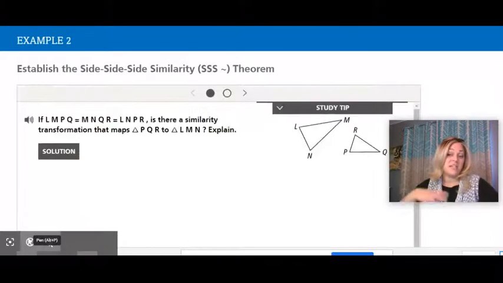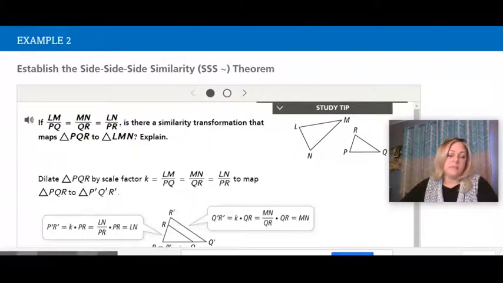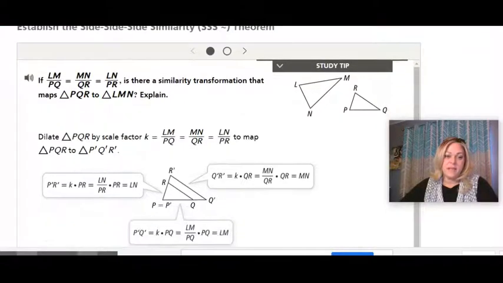Now we're going to talk not just about angle-angle similarity, but side-side similarity. Example 2: if you line these up with corresponding parts, LM corresponds with PQ, and so on, is there a similarity transformation? You have to figure out whether there is a way to map one of those triangles onto the other, and you can go through this step by step.